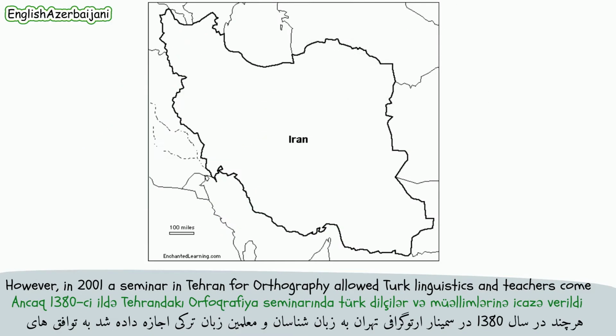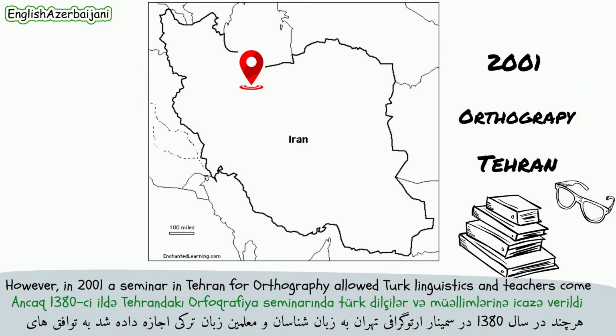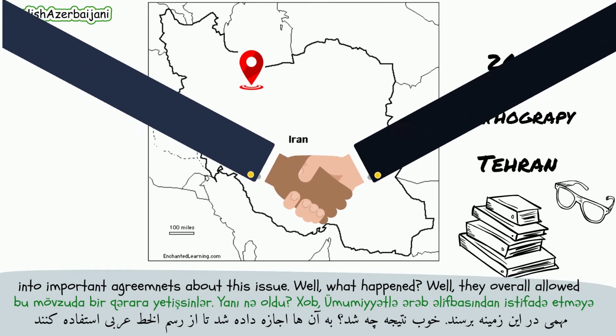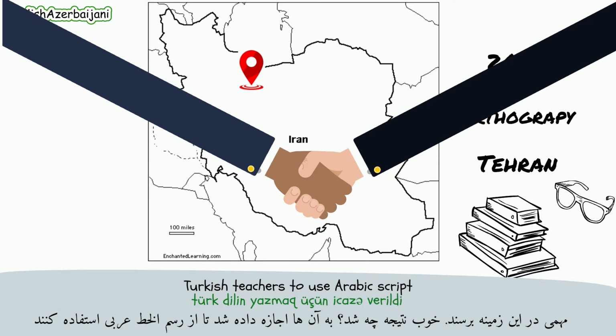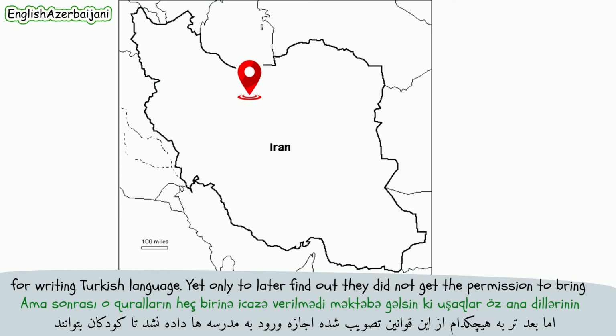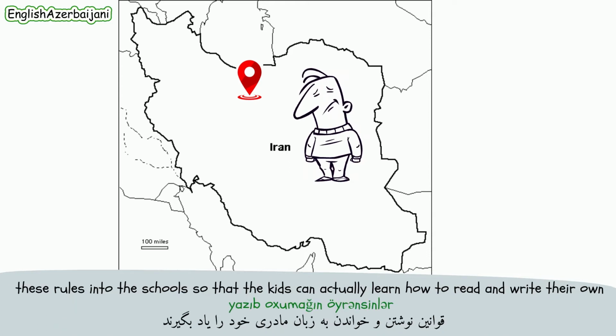However, in 2001, a seminar in Tehran for orthography allowed Turk linguistics and teachers come into important agreements about this issue. Well, what happened? Well, they overall allowed Turkish teachers to use Arabic script for writing Turkish language, yet only to later find out they did not get permission to bring these rules into the schools so that the kids can actually learn how to read and write their own native language.